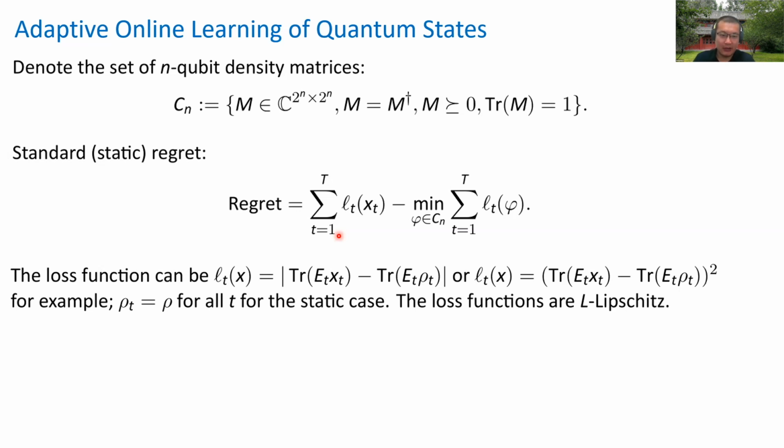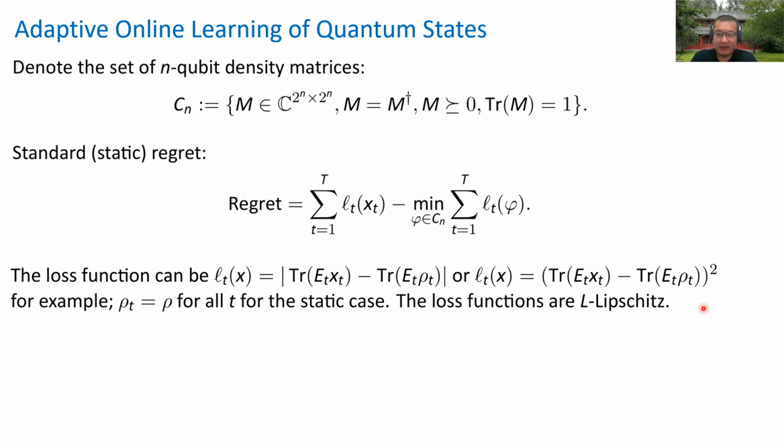In general we can think of something like the trace distance, or probably its corresponding L2 norm version. And in general we assume that the loss functions are L-Lipschitz functions. This is basically the only thing that we are going to use.